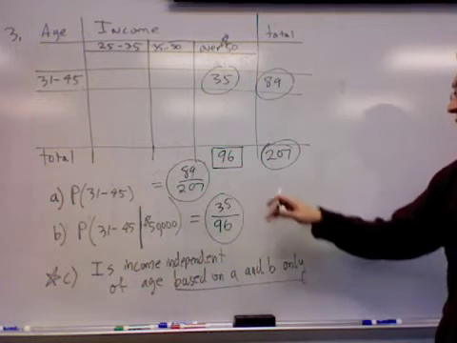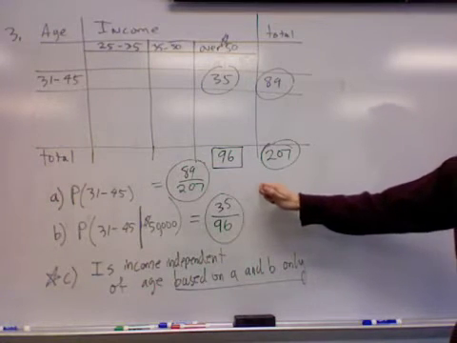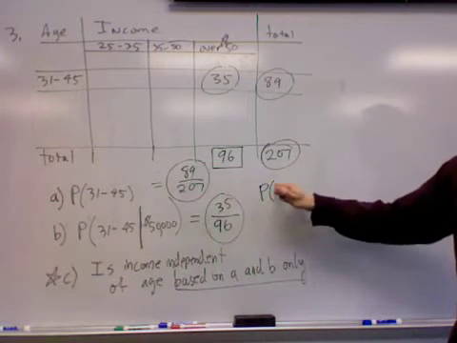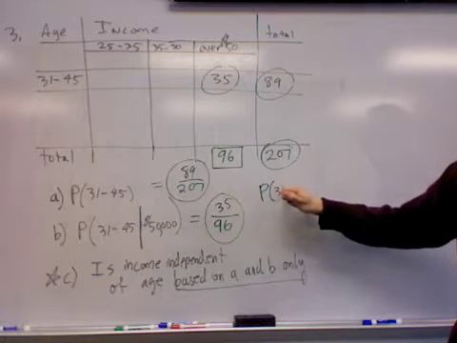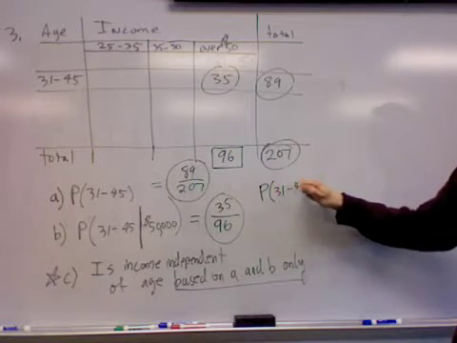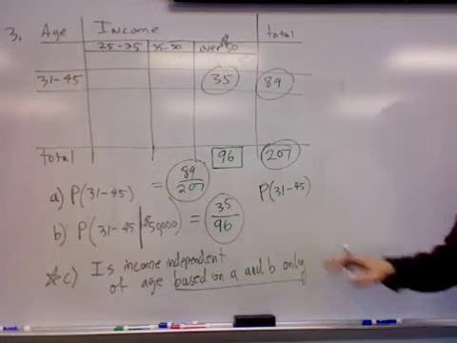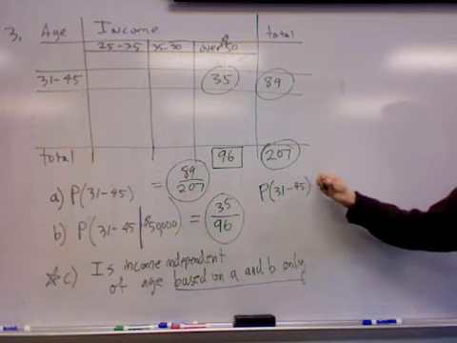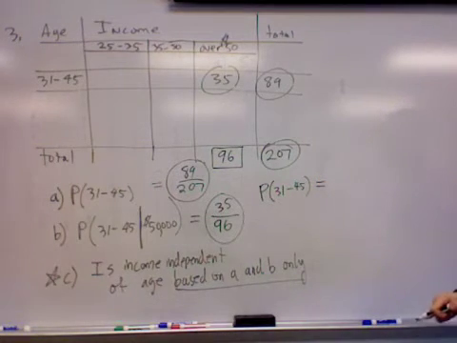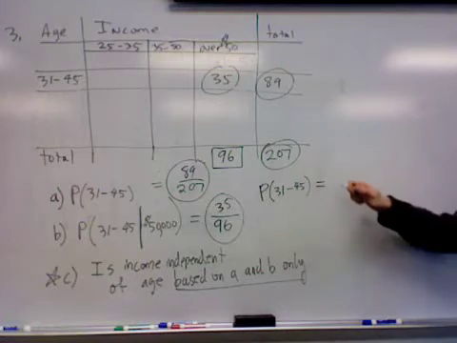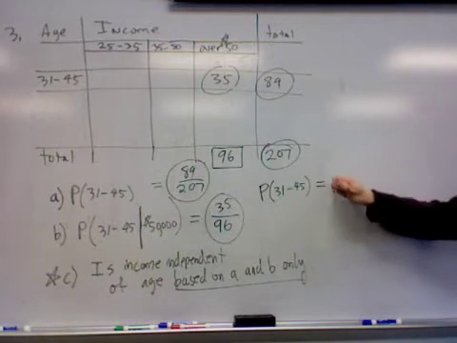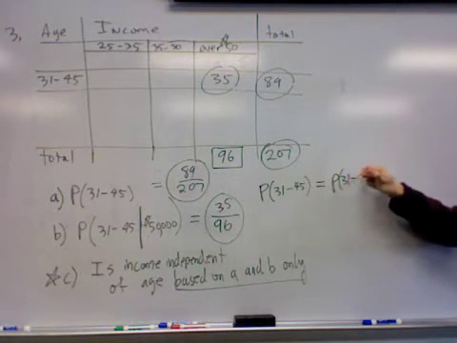If age was independent of income, you would get that this probability between 31 and 45 would be equal to the other probability.